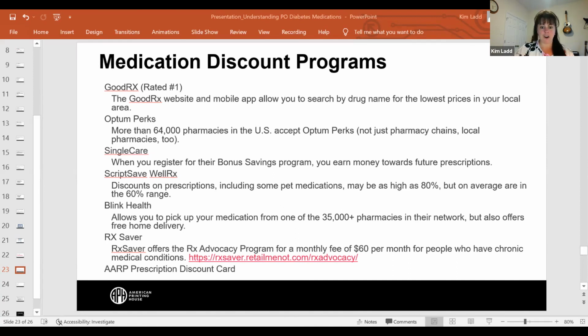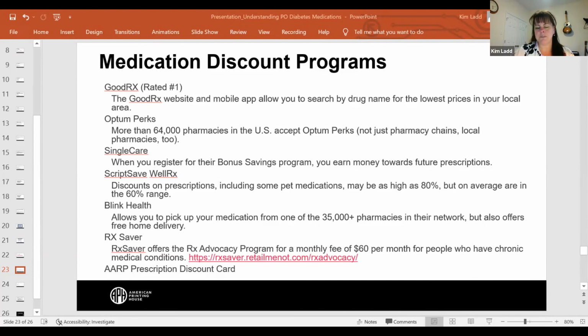But one like GoodRx, anybody can use. There's an app on your phone, and it works with VoiceOver or TalkBack, or you can go to the website. Whether you have health insurance or not, I always do this. I'll go to GoodRx and type in the name of my medicine, and then it'll ask what your zip code is, and it'll bring up the price of that medicine at all the pharmacies near you.